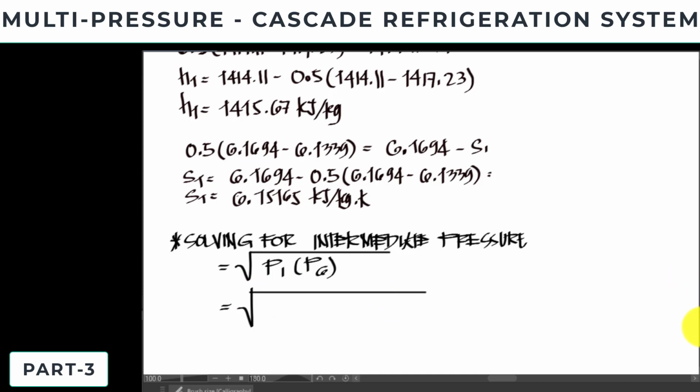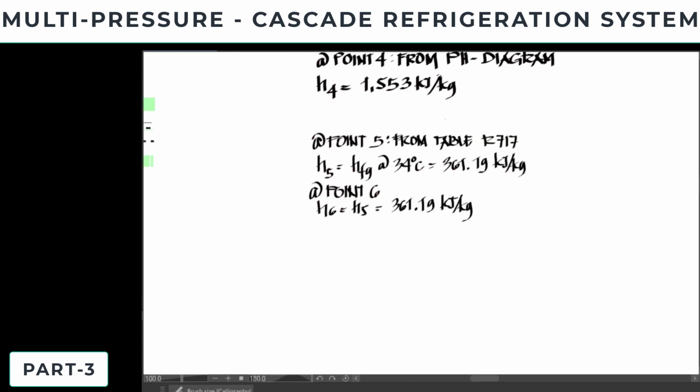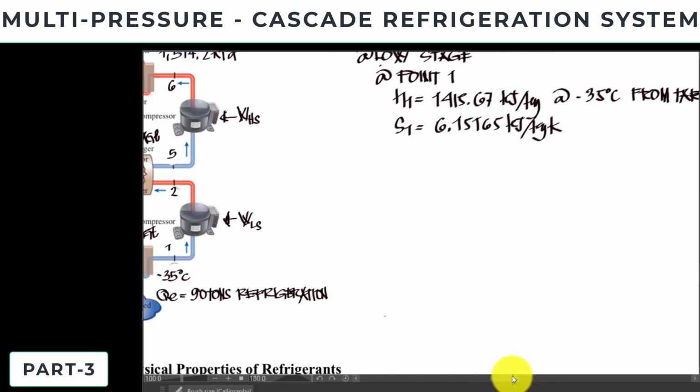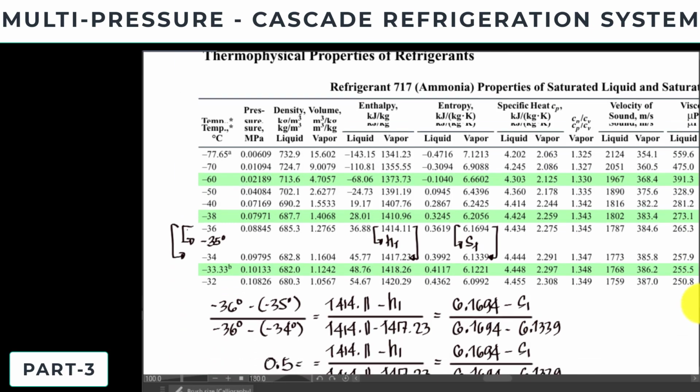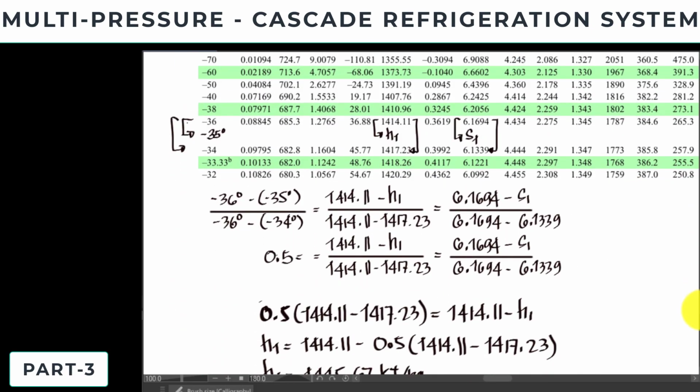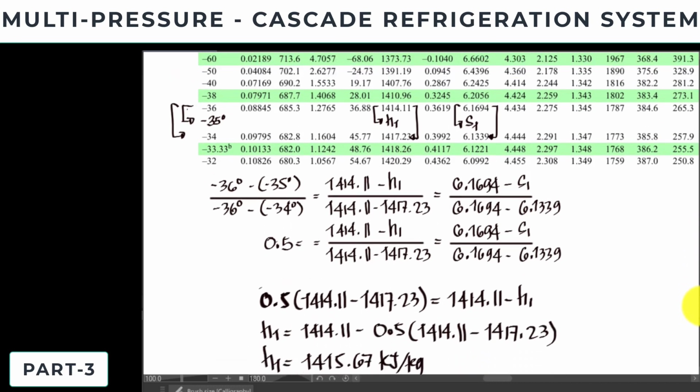Referring here, we don't have pressure 1 yet, so by means of interpolation, we forgot to get the value of the intermediate pressure, so we need to solve that one. Let me equate this to get the intermediate pressure.